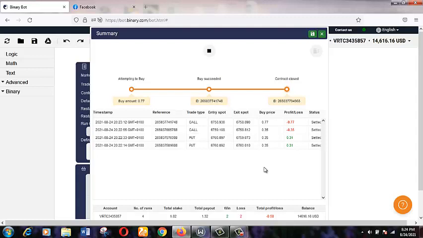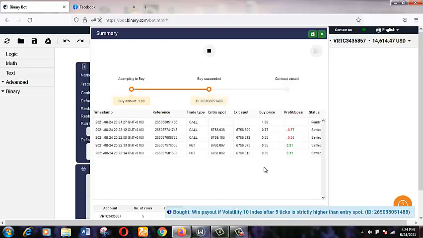Looking for an opportunity because the conditions are not met yet for trade to be taken. So as soon as those conditions spelled out on the bot are met, the fourth trade will be taken.